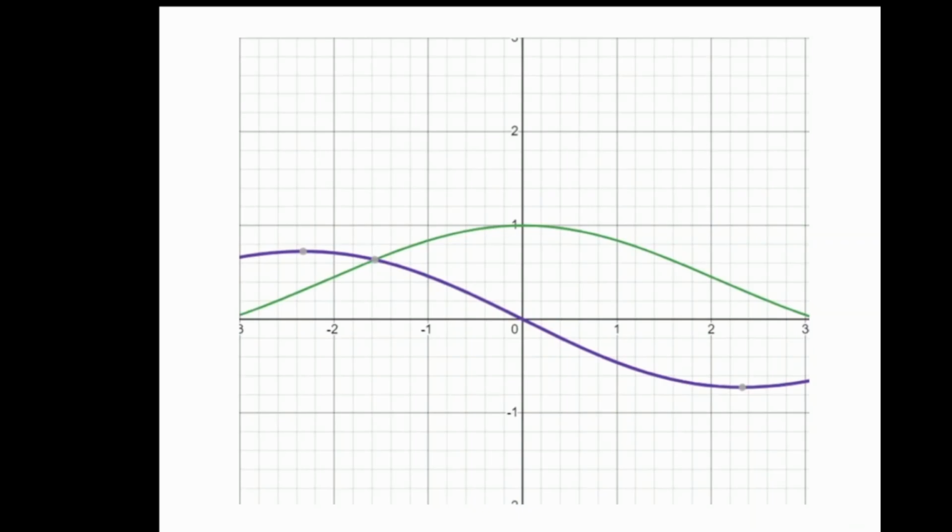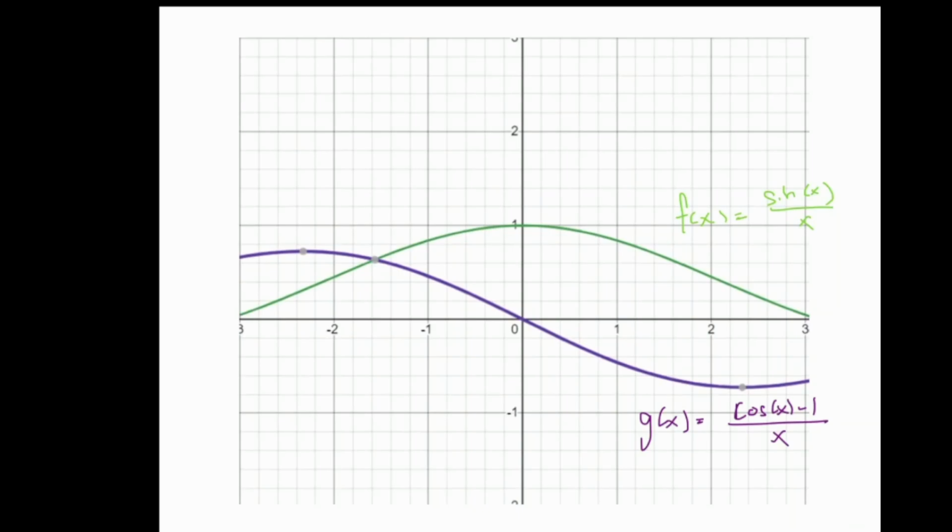So in the green, I've graphed f of x is sine of x over x. And in the purple, I have g of x is cosine of x minus 1 over x.